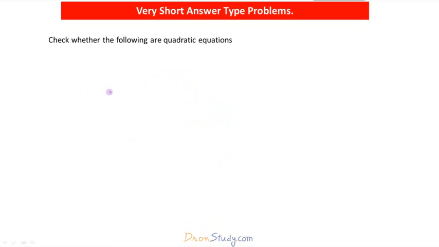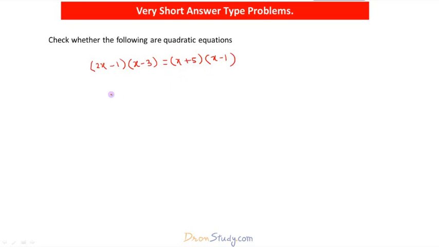Now the next equation is bracket 2x minus 1, close the bracket, into another bracket x minus 3, close the bracket, which is equal to bracket x plus 5, close the bracket, into bracket x minus 1, close the bracket.